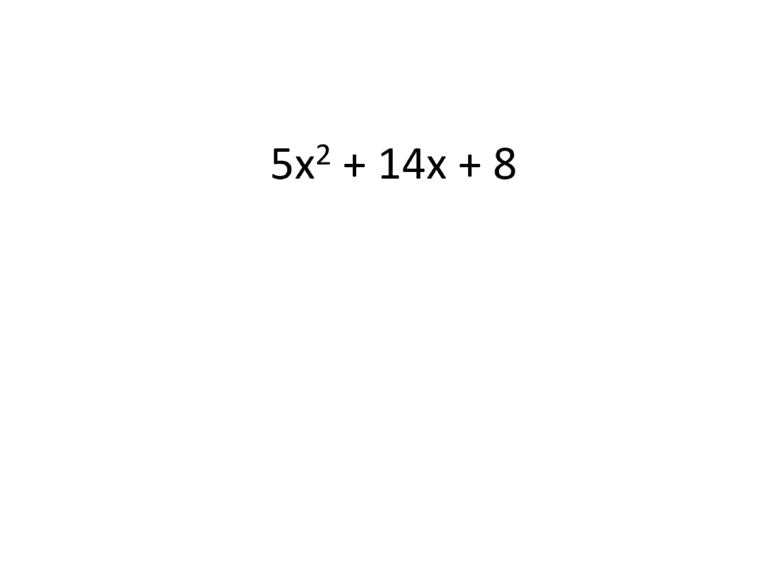All right, let's step it up a notch. And if you need to, pause the video and go practice factoring binomials where the a value is 1, and then come back. The deal is, this is done exactly the same way, it's just slightly bigger numbers at times. We're gonna go ahead and multiply our a value times our c value, so 5 times 8 is 40.